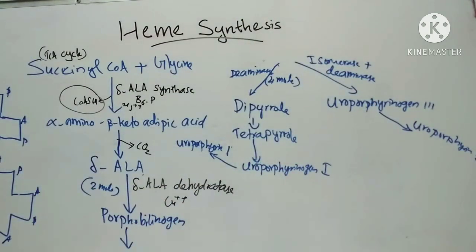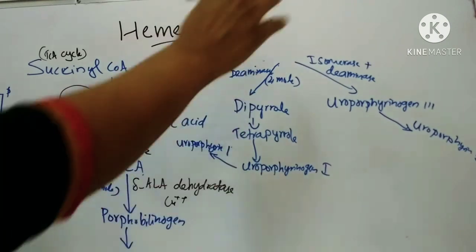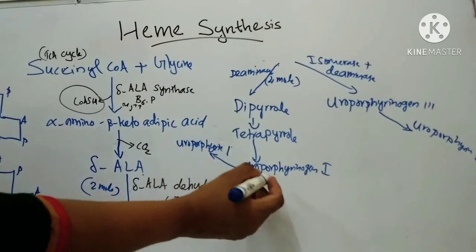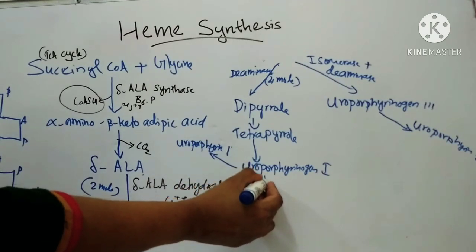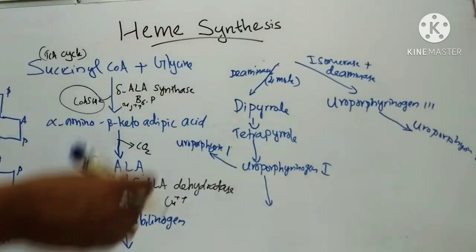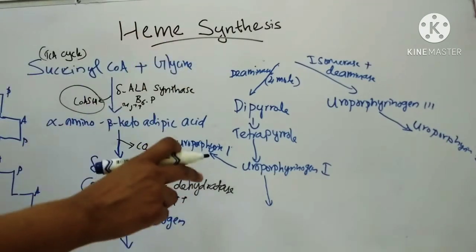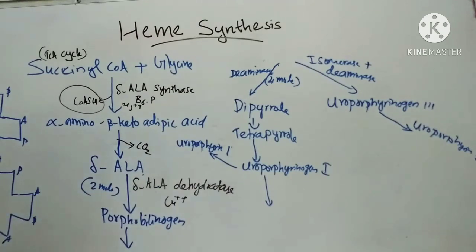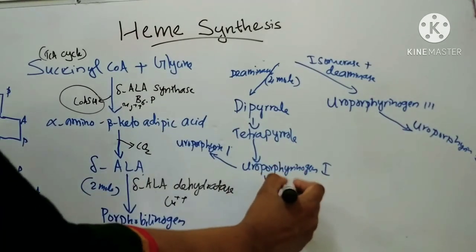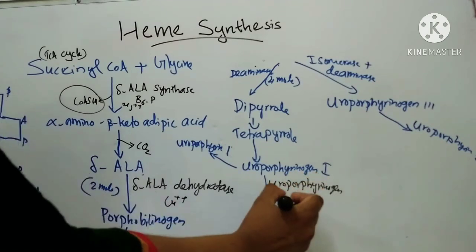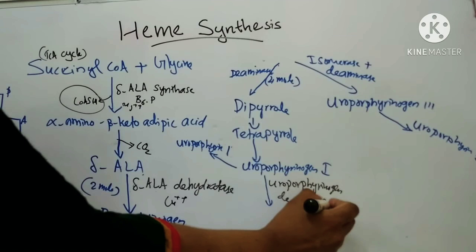The third step is formation of coproporphyrinogen 1 and 3. The next step from uroporphyrinogen 1 is decarboxylation, catalyzed by the enzyme uroporphyrinogen decarboxylase.